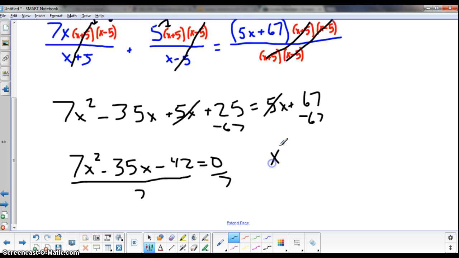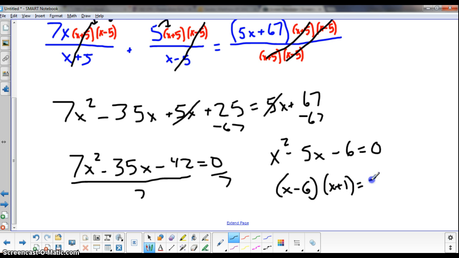And it just becomes x squared minus 5x minus 6. What multiplies to negative 6 adds to negative 5. It's x minus 6, x plus 1, and thus 6 and negative 1 are your solutions.